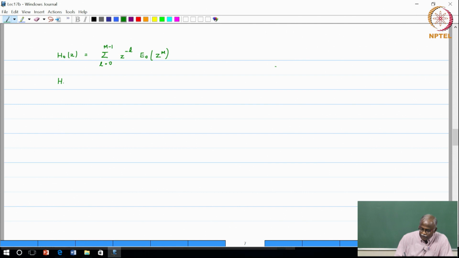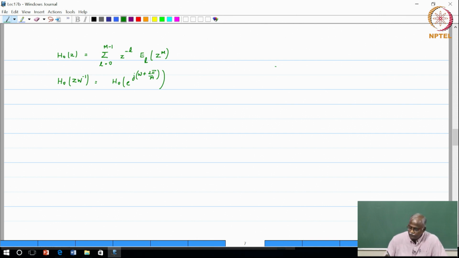If I were to look at H naught at ZW inverse, you can see that this actually corresponds to writing it as H naught of e power j omega plus 2 pi over M, correct? Absolutely correct, E L Z power M. If I were to substitute H of ZW inverse, this is what I would get.